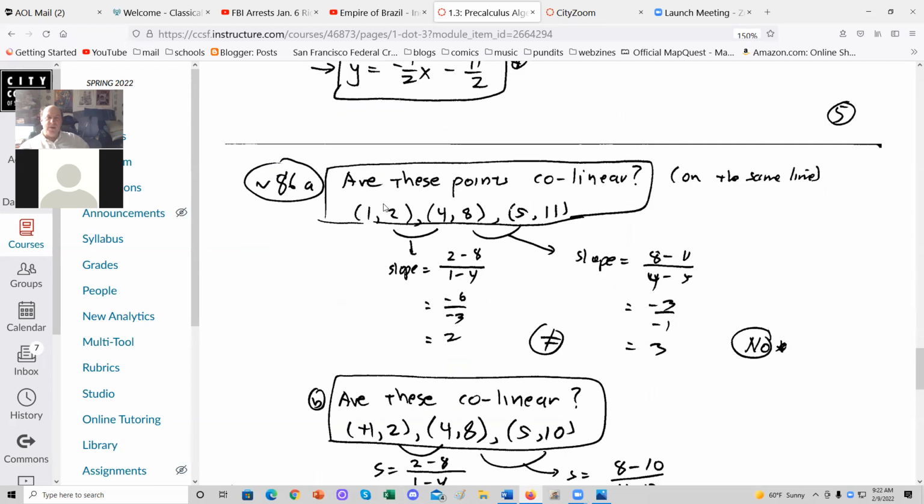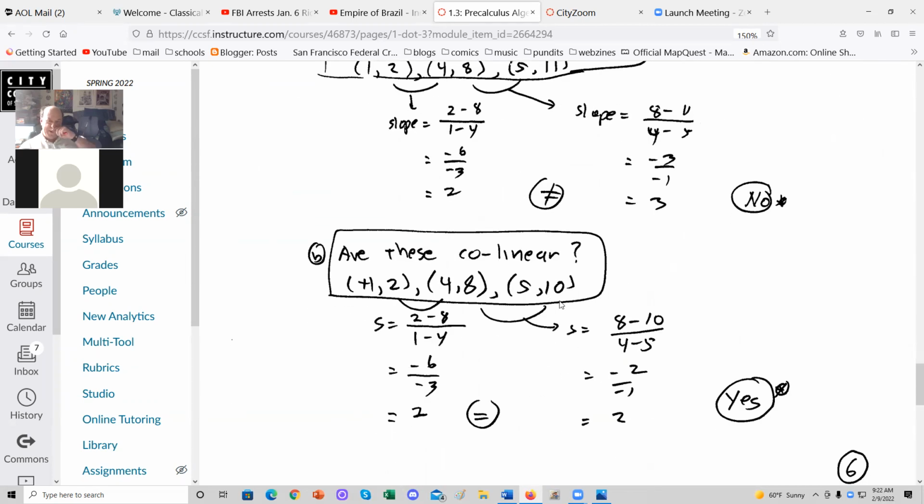Difference of y's is 2 minus 8, all over difference of x's, 1 minus 4. 2 minus 8 over 1 minus 4 is negative 6 over negative 3, which is 2. Between the other two points, 8 minus 11 is the difference of y's and 4 minus 5 is the difference of x's, which gives negative 3 over negative 1, which is 3. 2 does not equal 3, so no, these are not collinear.